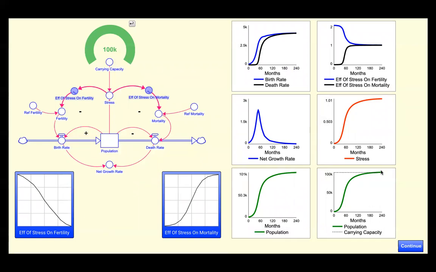Note that the two loops that include stress are negative and have been added to the model, causing this shift in feedback loop dominance. Moreover, we may modify the carrying capacity to see how the growth in the population is limited by that capacity.